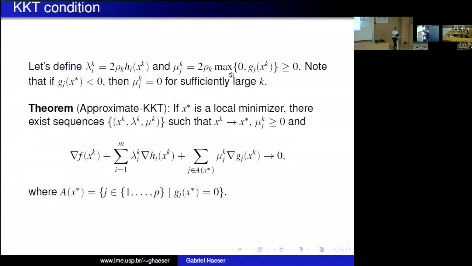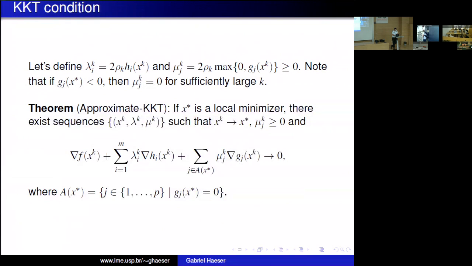So when I take this maximum of 0 and a negative number, I will have 0. So the multiplier associated to this constraint gj will be 0. So this is an important property to get KKT conditions. If I have an inactive constraint at the solution, the multiplier must be 0. You shouldn't consider constraints that are not active at the solution.